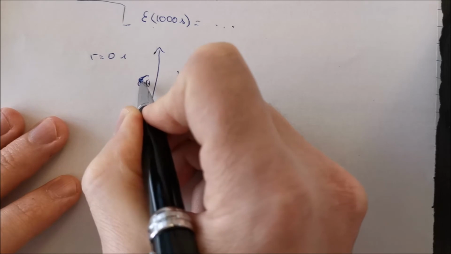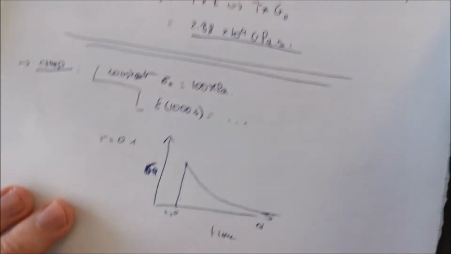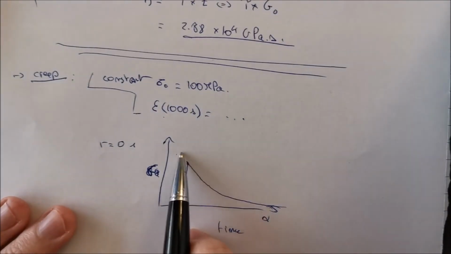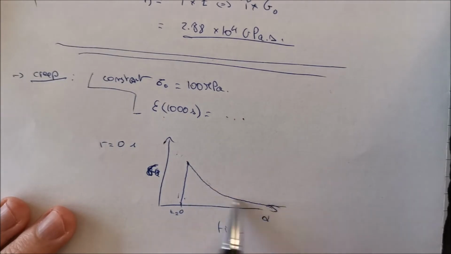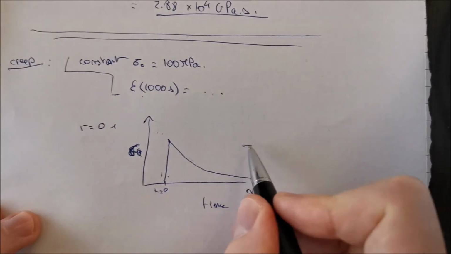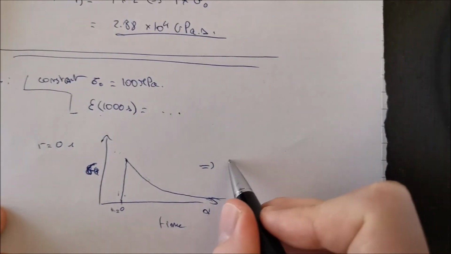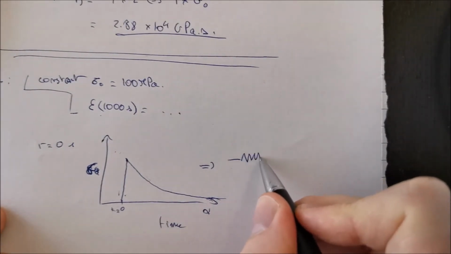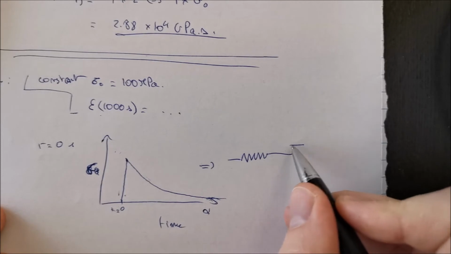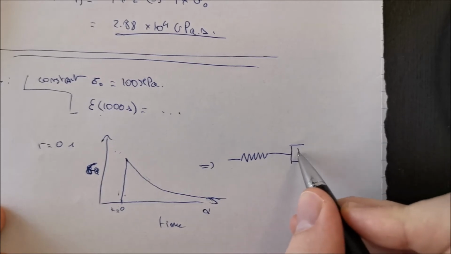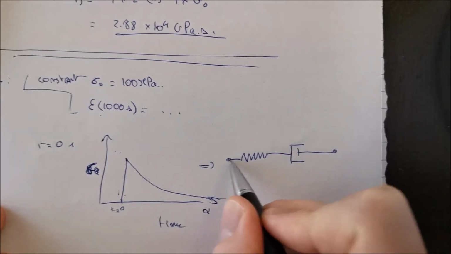The evolution of the modulus, okay? So we'll have a sharp increase, and then this decrease. This kind of behavior, you could model it with a spring and a dashpot, right?